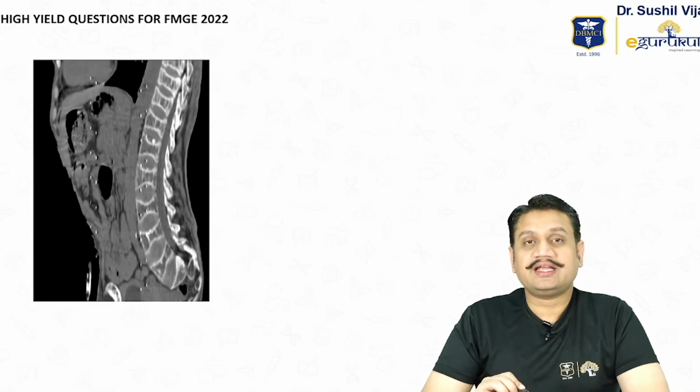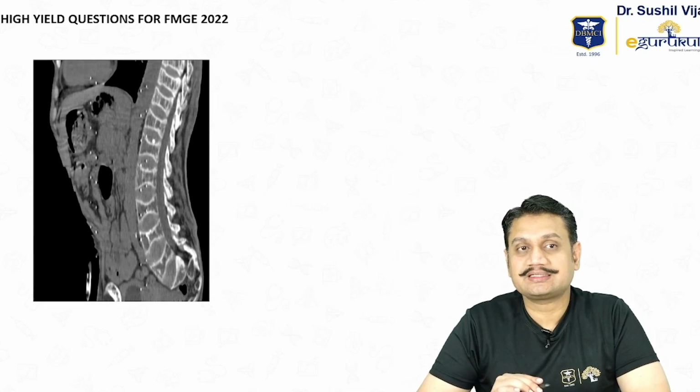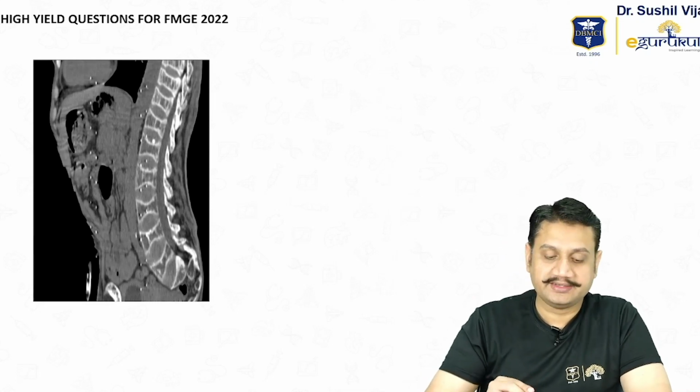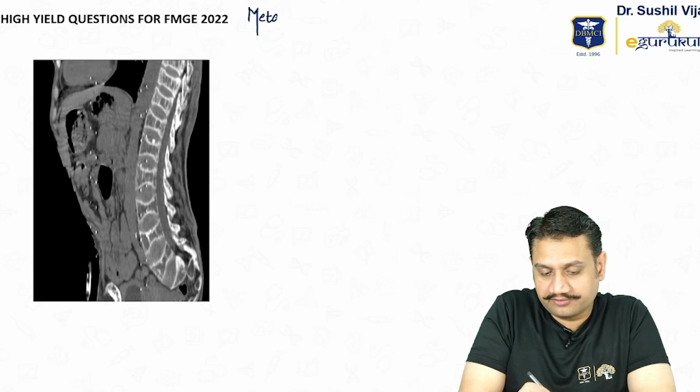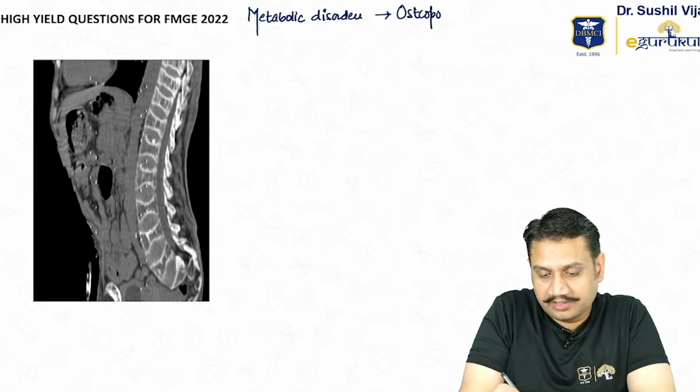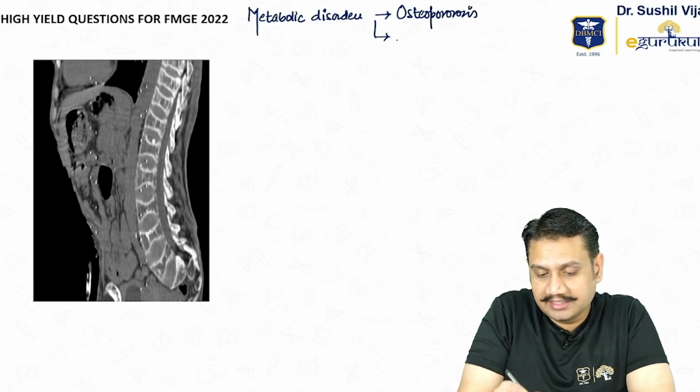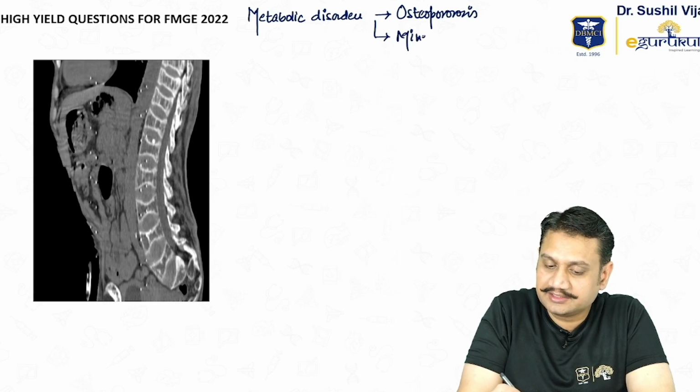The second topic I'm taking after the deformities is metabolic disorders. When I tell you about metabolic disorders, the two most important topics for exam purposes are, one, osteoporosis, from where questions have been frequently asked, and second, the disorders of mineralization.